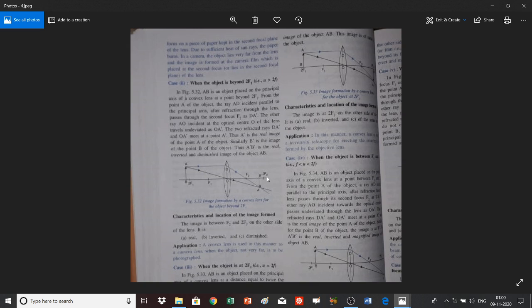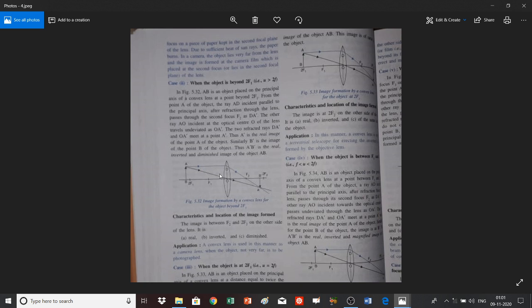Similarly, this point is also 2F2. So you have to place the object at a distance far away, or higher than 2f. So here the object AB is placed in front of a convex lens.